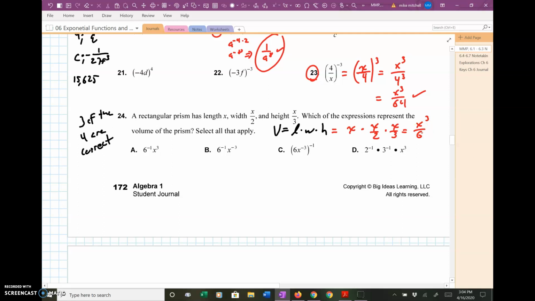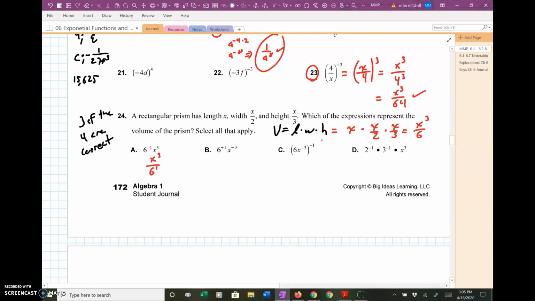Now, you got to determine if these are the same answer down here. And 3 of the 4 are correct. For B, the -1 would make that x cubed stay the same over 6 to the 1 power, which is 6. Is that one the same as this? I think so.